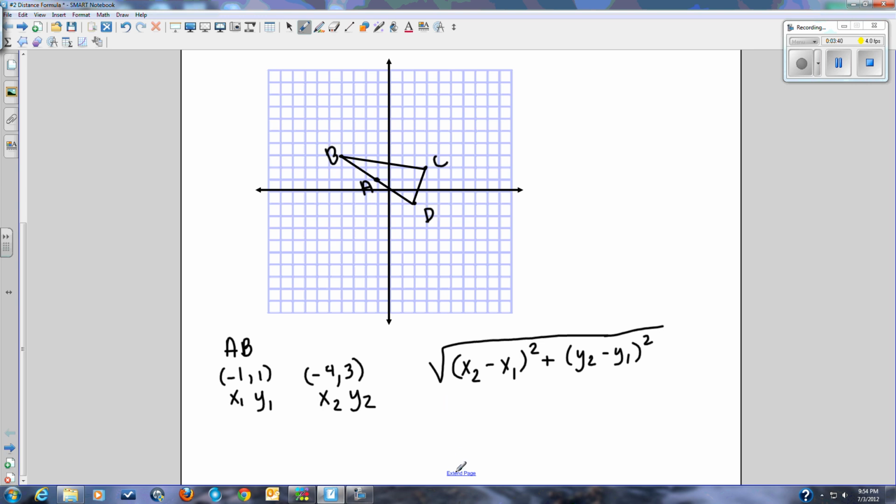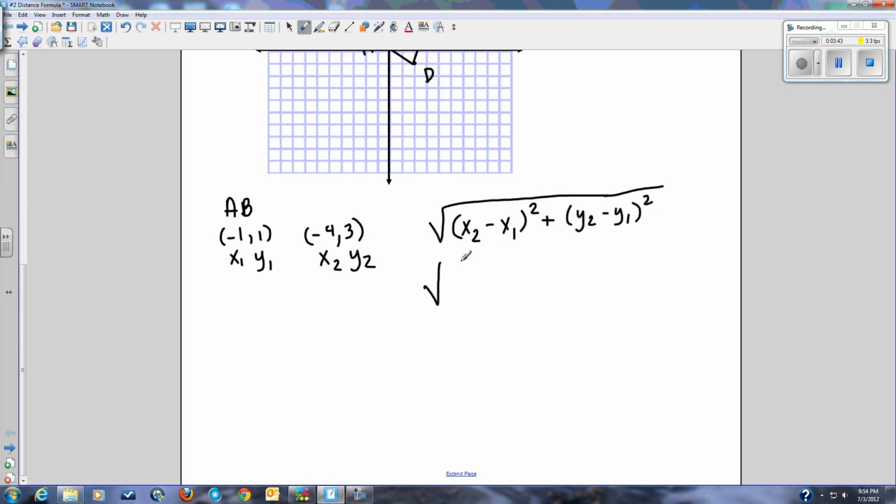And let's plug our numbers in. So we're just putting in negative 1 in place of x1, negative 4 in place of x2. So we're going to have negative 4 minus negative 1 squared plus y2 is 3 and y1 is 1. 3 minus 1.